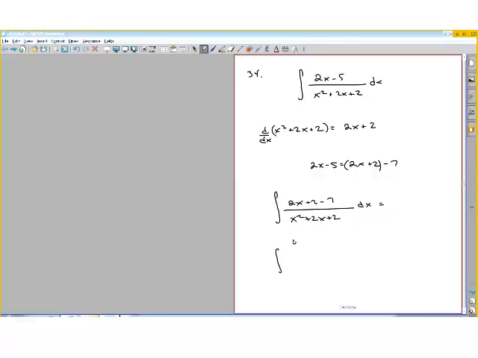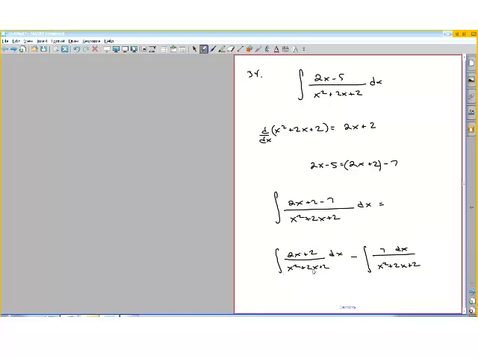And make sure I push the record button. I don't want to take any chances here because it takes a long time to do these problems. I don't want to make a mistake. So you get the first term here, which is what I have in parentheses here, and then you have a negative 7 dx divided by x squared plus 2x plus 2.